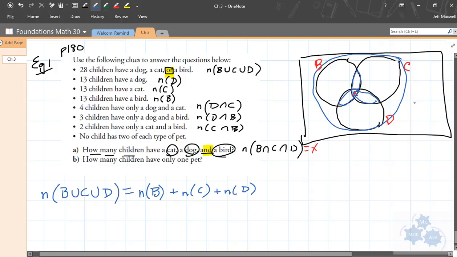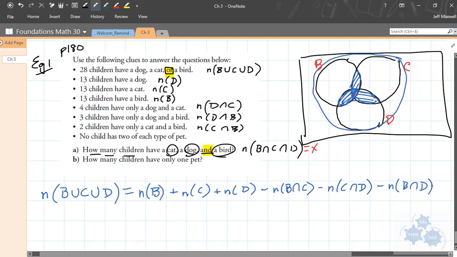So we need to take those away, just like we did last section. We're going to take away the number of B and C, that's this section here. We are also going to take away the number of C and D, that's this one here. And we're going to take away this overlapping section as well, the number of B and D.